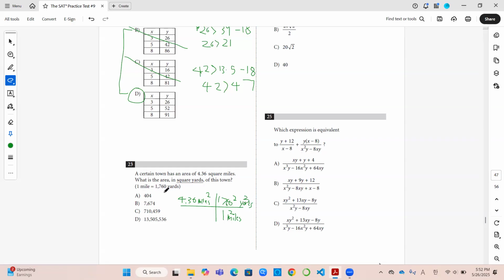Don't forget to square the 1760, because we're given 1 mile is equal to 1760 yards. I want to see what 1 square mile equals in square yards. So if you do that, you'll get this number here. So answer choice D, as in David, is correct for question 23.